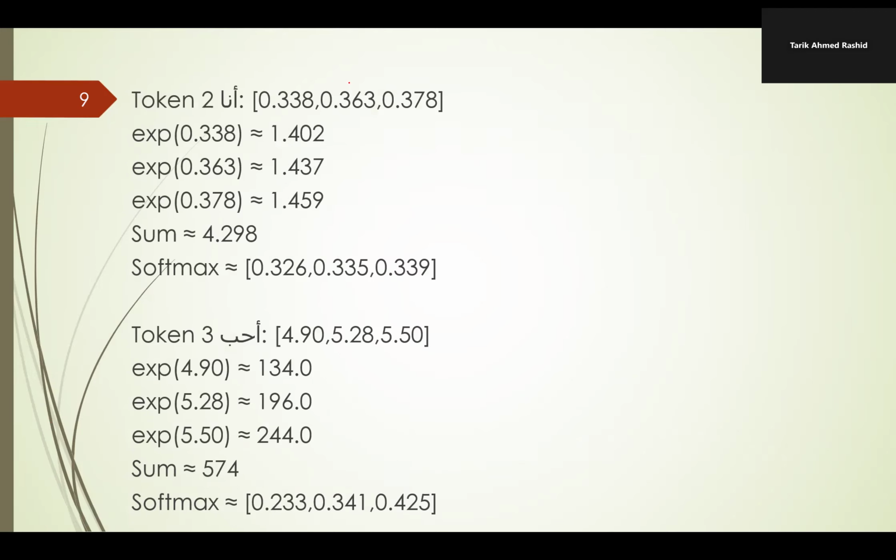Likewise for Anna, we'll do the softmax for each one of them: the exponential of the word Anna divided by the sum of all the exponentials in the row. So we found the softmax for this one as well. Again, the sum of this plus this plus this should give you 1. Now, likewise, the same story for token 3, and that's the value.